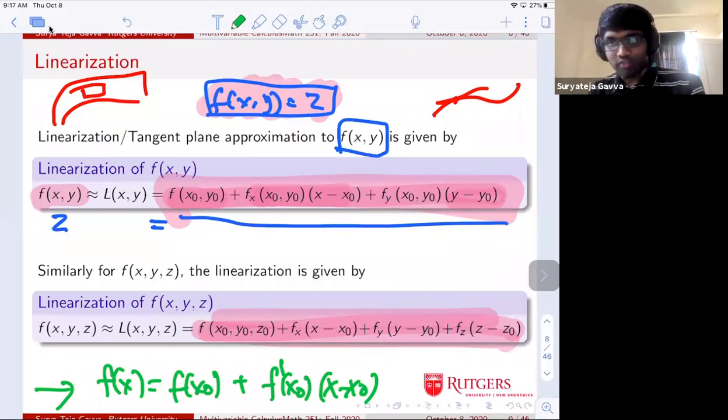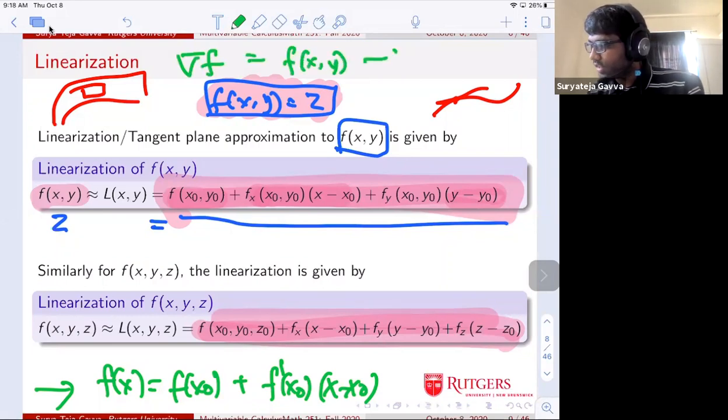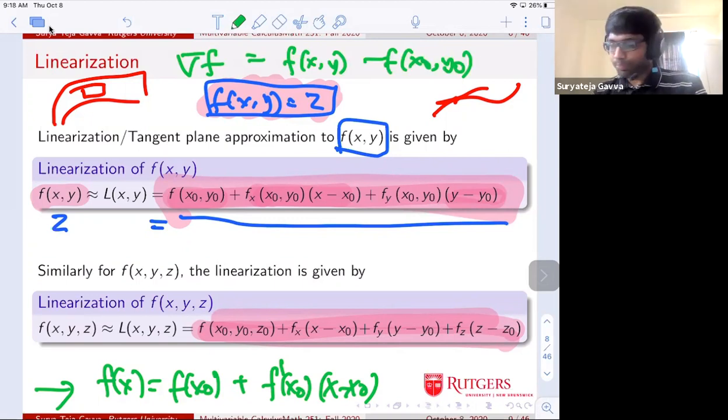Delta f is nothing but f of xy minus f of x0 y0, so if you use that formula you get the formula for f of xy. So that is what you get.